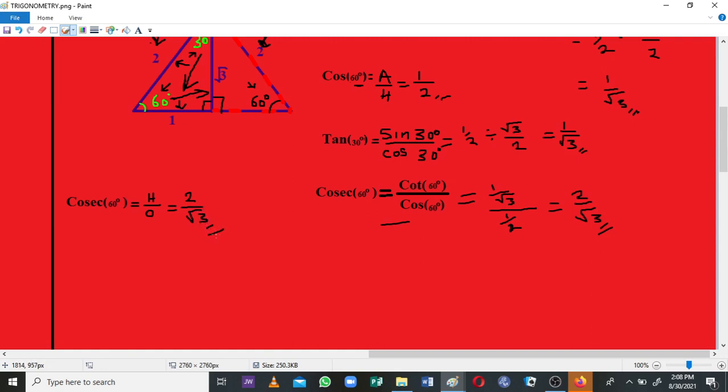From this you can see that either way, whether you go by using the properties, that is cosec 60 degrees is equal to cot 60 degrees over cos 60 degrees, or when you go direct using the sides, that cosec 60 degrees is equal to hypotenuse over opposite, you are getting the same answers as we can see.